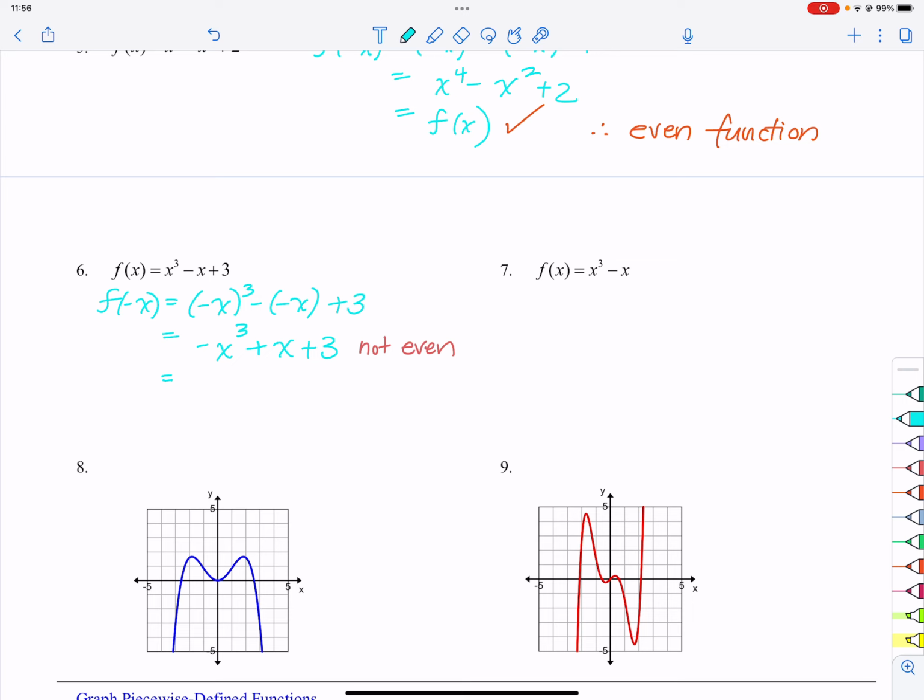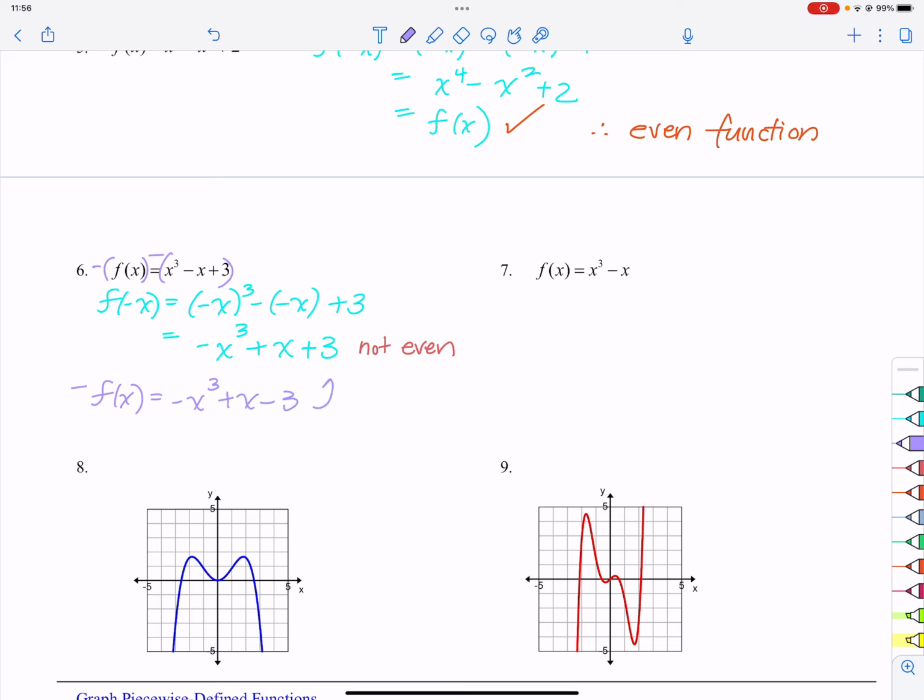So we could factor out, we could say what the opposite of f of x is. So the opposite of f of x up here, that would be multiplying both sides by a negative, is the opposite of x cubed plus x minus 3.